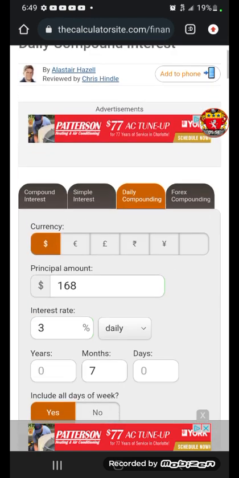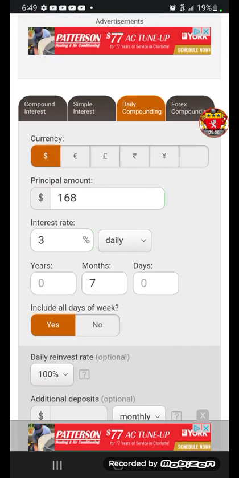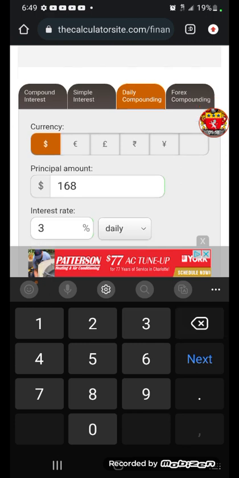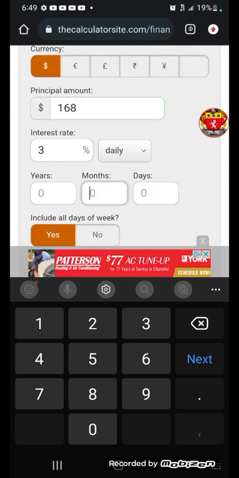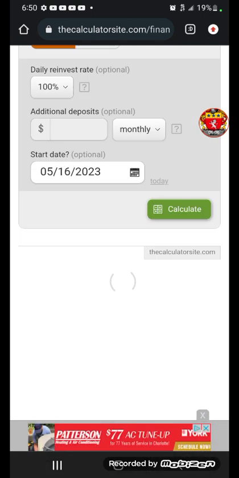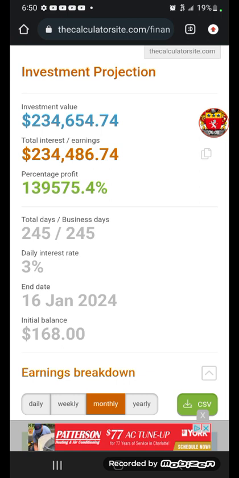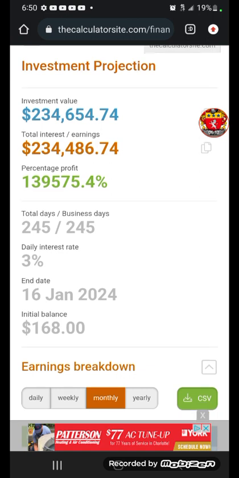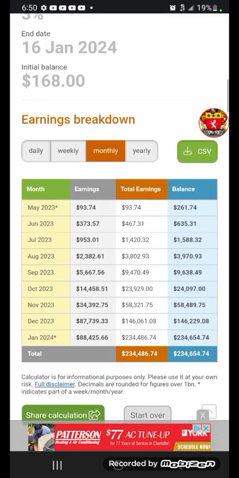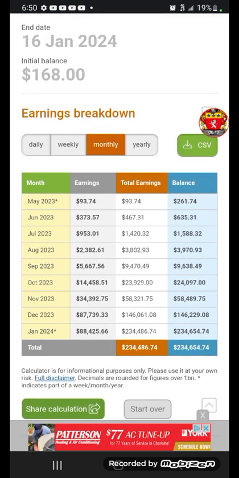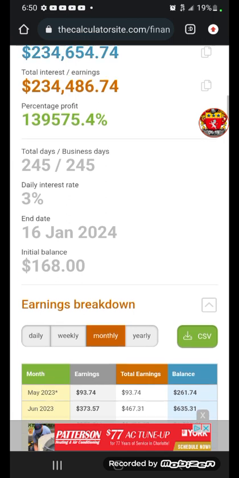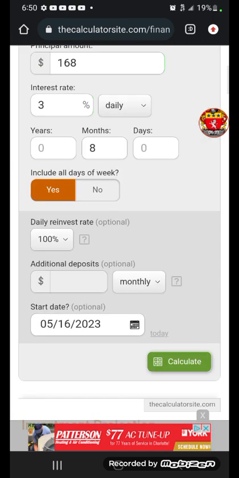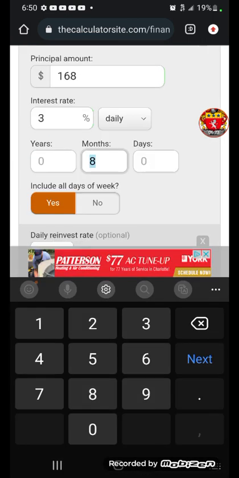All right, so let's see what happens after 8 months with an initial $168 investment. After 8 months, you'll be at $234,000, and that's $88,000 a day after that. So let's calculate that after 9 months.